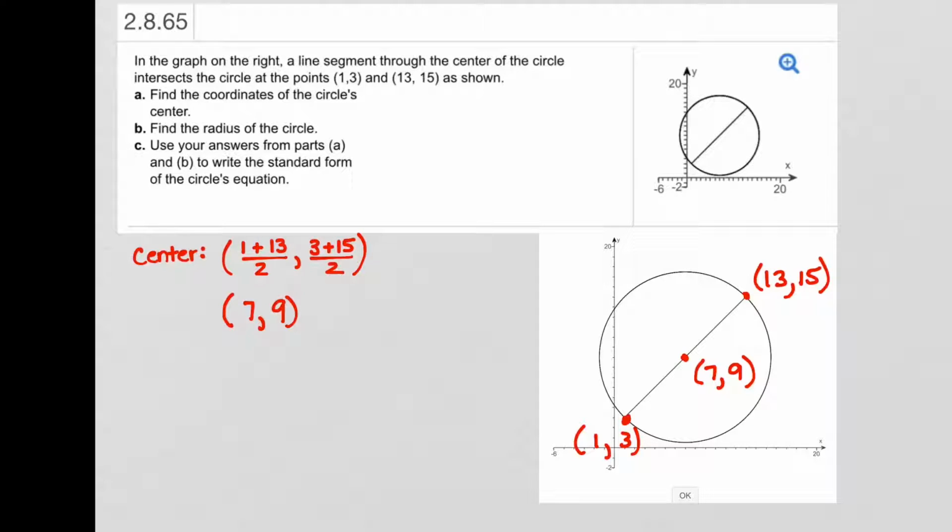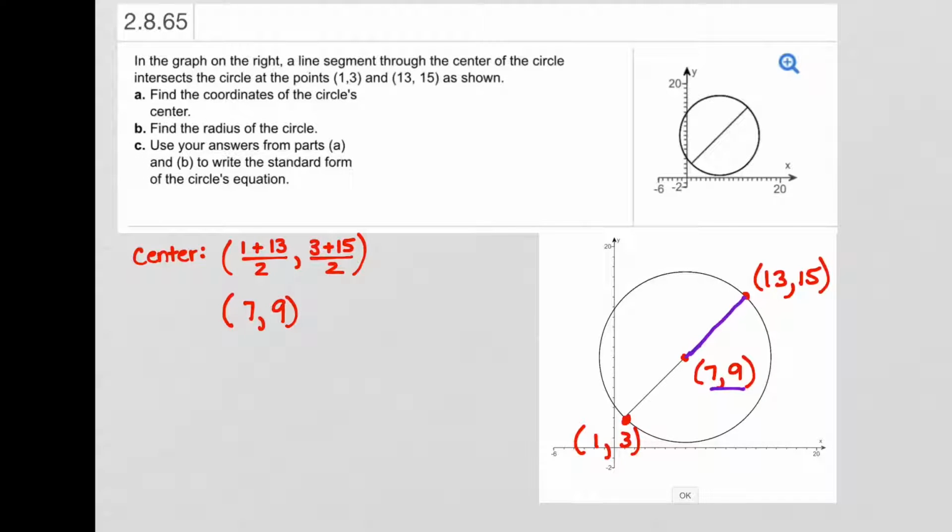So now we need to find the radius. Now remember that the radius of a circle is the distance between the center and a point on the edge. So we know the center, we know a point on the edge. It doesn't really matter which one I use. So I can use the center 7, 9.